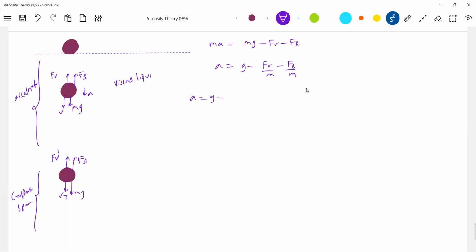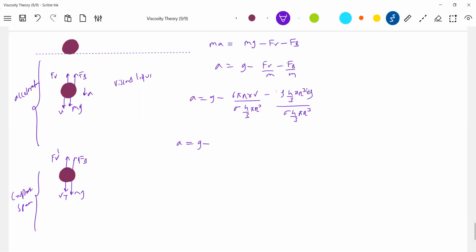Further, g minus 6 pi eta r v, and the buoyant force, let me write it, should be rho into 4 by 3 pi r cube g, divided by sigma into 4 by 3 pi r cube.